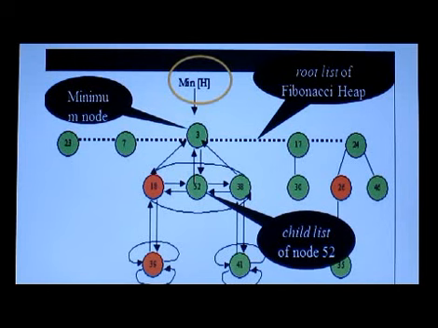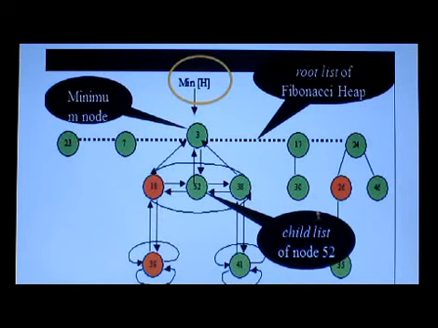The children of each node are also linked using such a list. For each node, we maintain its number of children and whether the node is marked. Moreover, we maintain a pointer to the root containing the minimum key. As you see, the minimum key here is 3.